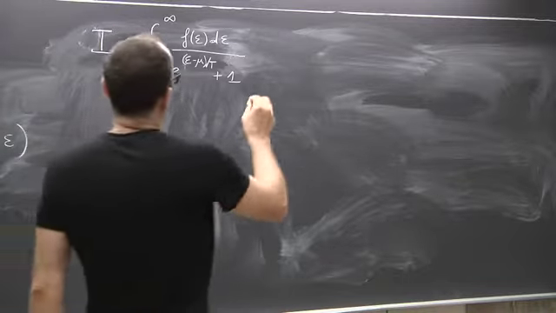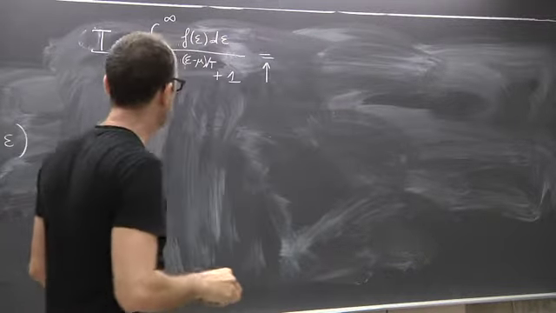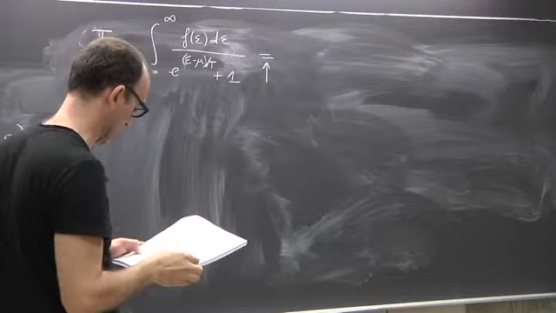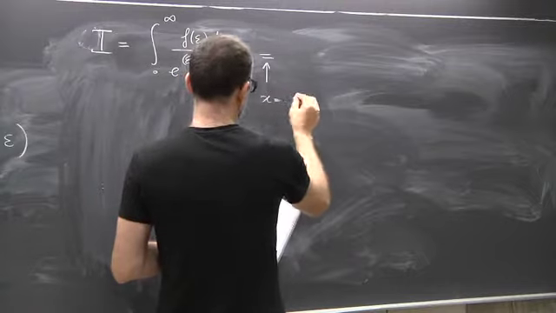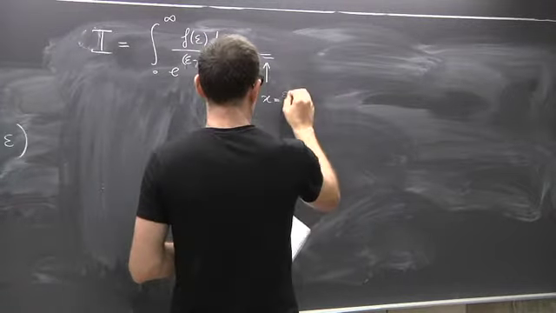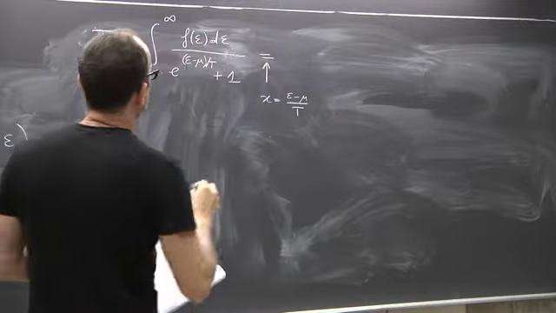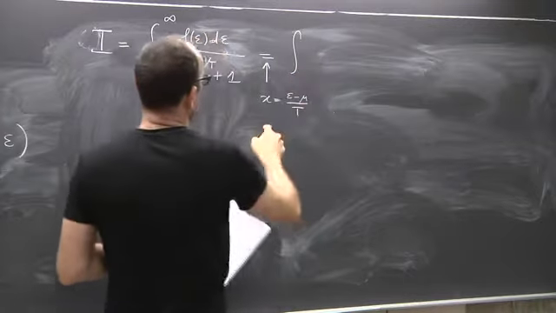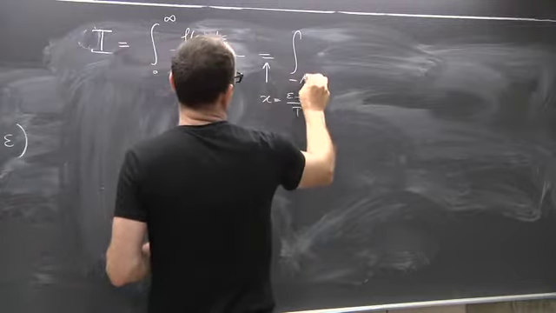And I want to compute this for t very, very small, okay? Now, one idea is to make a change of variable and call x the variable epsilon minus mu over t, so that in this integral, when epsilon is equal to 0, x will be minus mu over t.